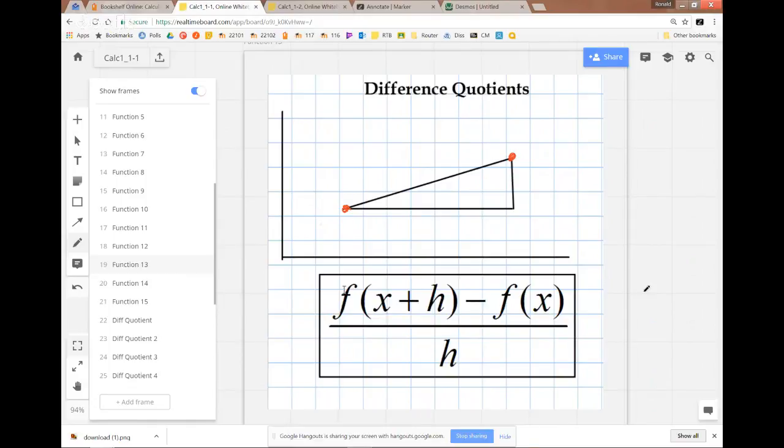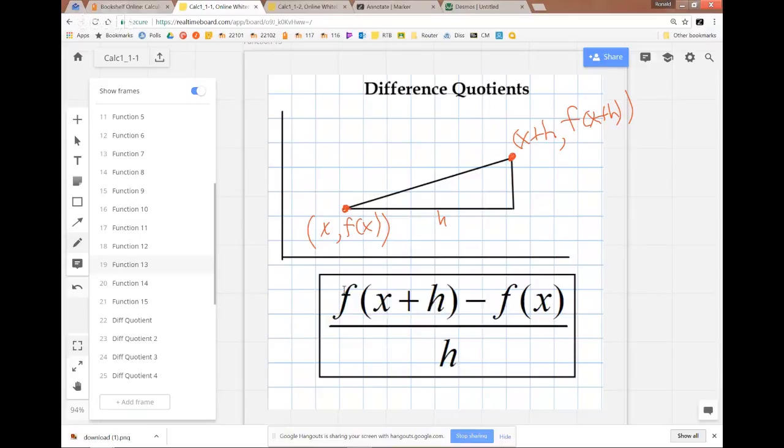So this one was just called x, f of x. So that's an ordered pair. Plug in generic x and out comes an f of x. And over here, we're going to move over to the right, h units. And so this is x plus h. And when you plug it in, you get f of x plus h.